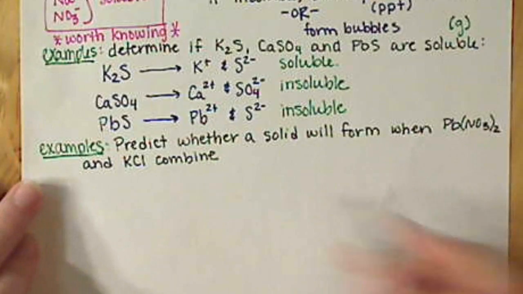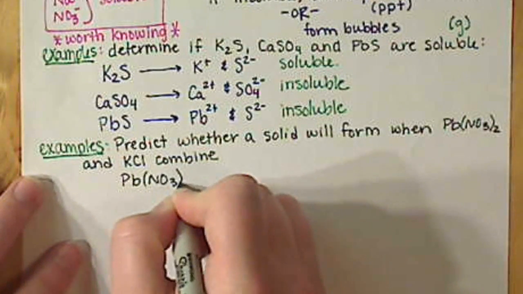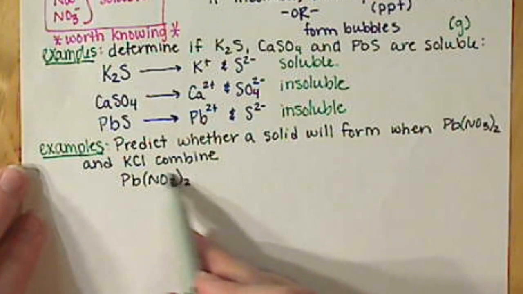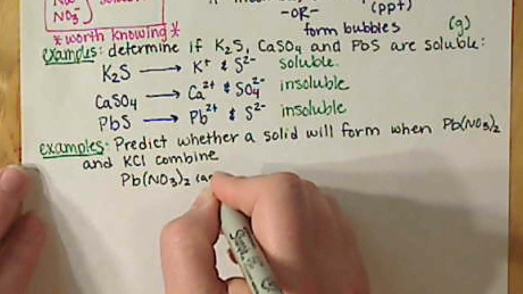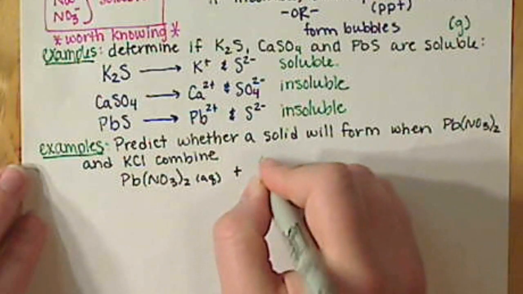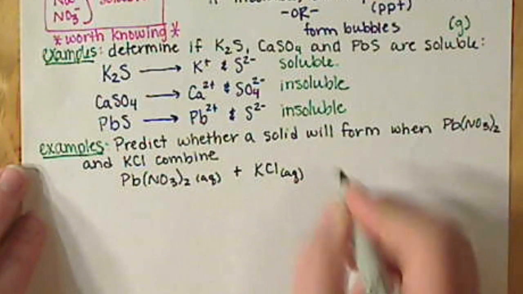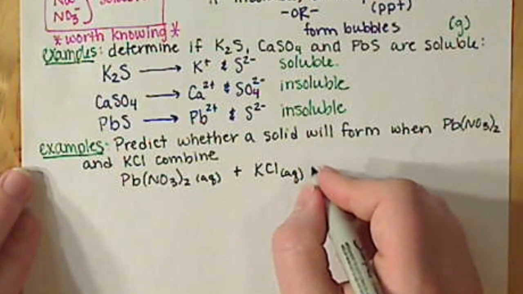So basically what we're looking at is we have this Pb(NO3)2, and remember anything with the nitrate ion is soluble, so this is in the aqueous phase. We're going to combine that with potassium chloride. Anything with potassium is going to be soluble, so it's in the aqueous phase.